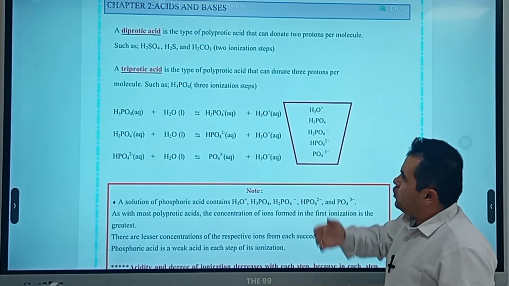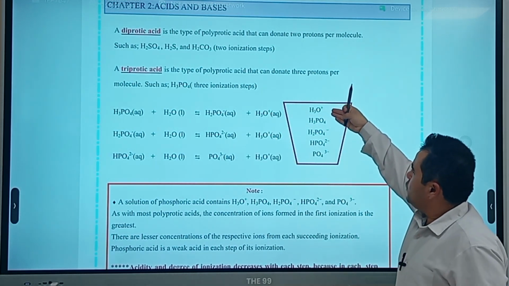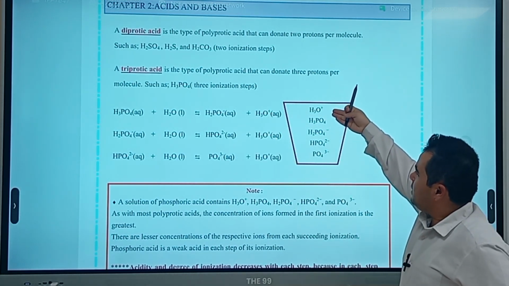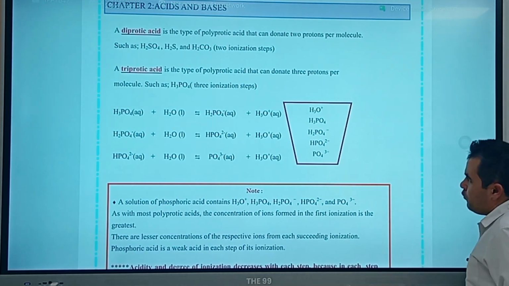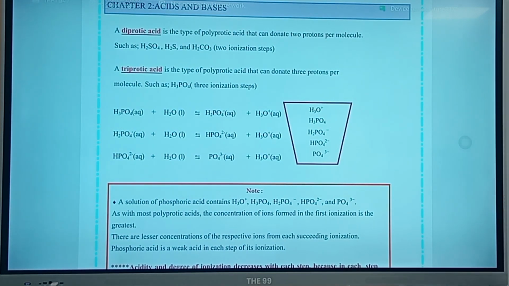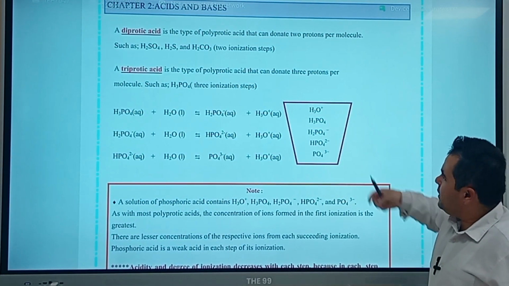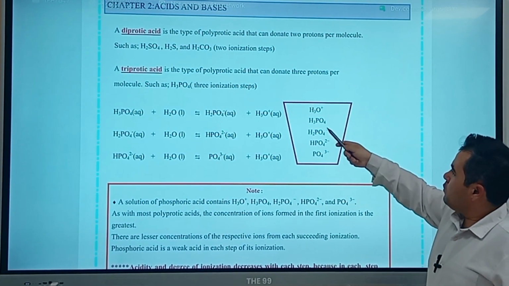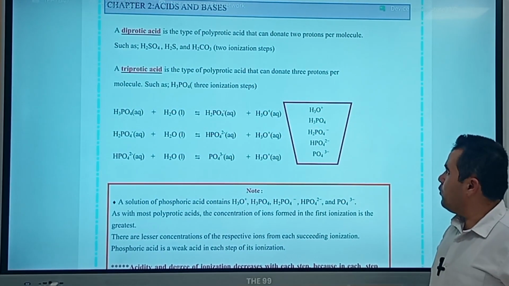This is the explanation for the triprotics. For the strength of acidity: hydronium, then H3PO4, then H2PO4 negative, then HPO4 negative 2, and then PO4 negative 3. For the concentration, hydronium comes second and H3PO4 first.